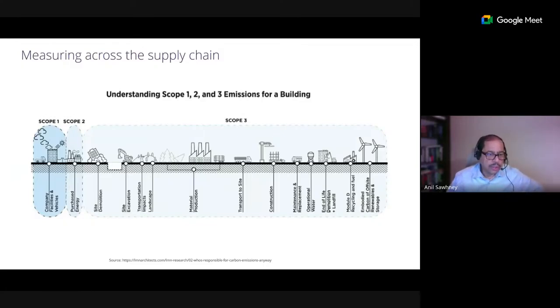So the emissions caused by construction itself, material production, construction, maintenance, repair, operational energy use, water use, all of them are traditionally Scope 3 emissions. So if you are measuring emissions from your assets across the supply chain, we categorize them by Scope 1, Scope 2, and Scope 3 emissions.